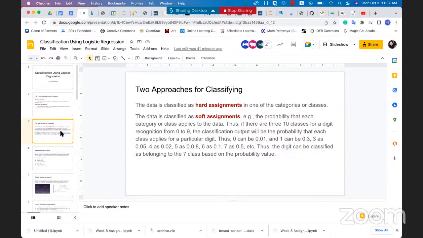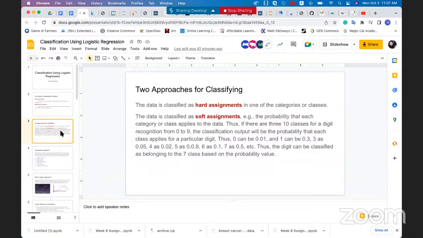You assign a probability to each class: this is the probability for 0, and this is the probability for 1. Each value gets a probability, and toward the end, you select the class with the highest probability. So here it's this one, the highest probability, which means the class of this entry should be 7.